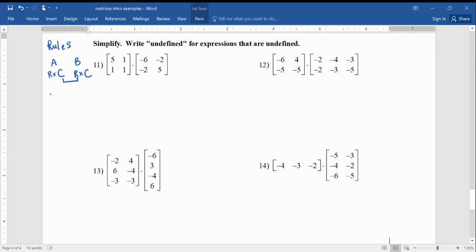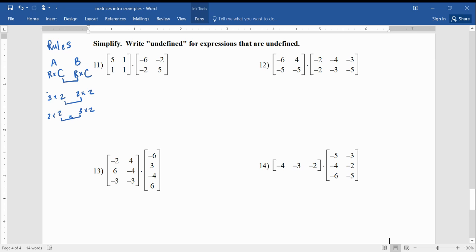So here's an example: a 3 by 2 and a 2 by 2. You can multiply those together because the columns of matrix A are the same as the rows of matrix B. Can you multiply a 2 by 2 and a 3 by 2? Actually, no, because the columns don't match the row number.